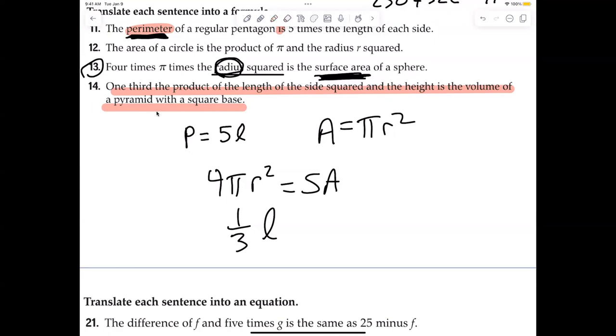Right, I'm with you on that. So I'm changing L to S, correct? So 1/3 the product of the length of the side squared and the what? Equals the volume. Yes. That's your answer. That's actually the formula for the volume of a square pyramid: 1/3 side squared times H.